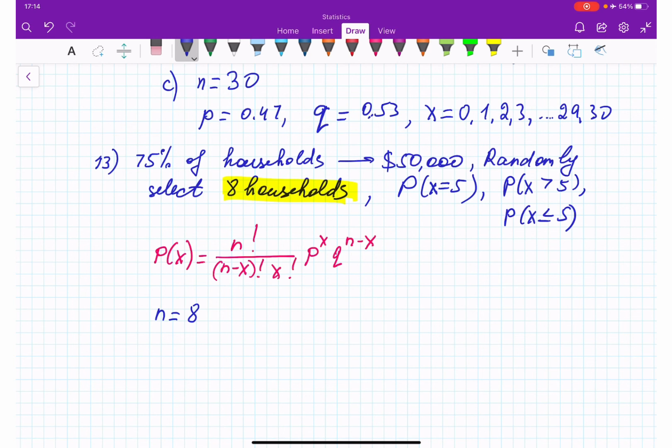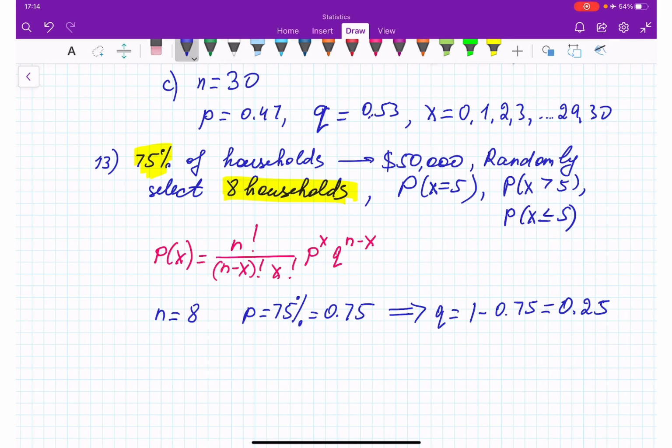How about probability of success? It's going to be 75%, right? They said they would be secure if you would have $50,000. So probability of success is 75% or 0.75. Accordingly, q, probability of failure, is equal 1 minus 0.75, which is going to be equal 0.25.